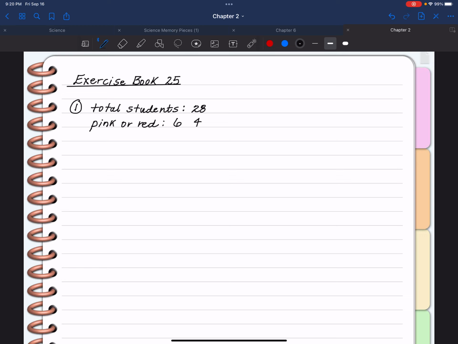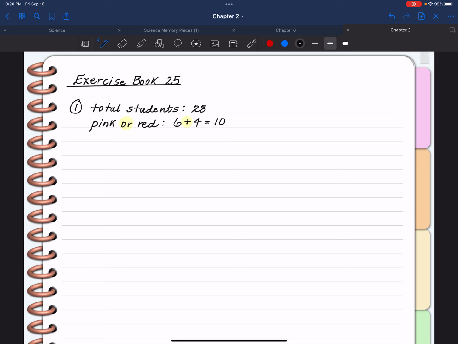In this case, the word or means to add. So pink or red is 10. If you see the word or in a probability, you want to add the two numbers together. So 10 out of 28, and Susan is saying that that is 2.8%.